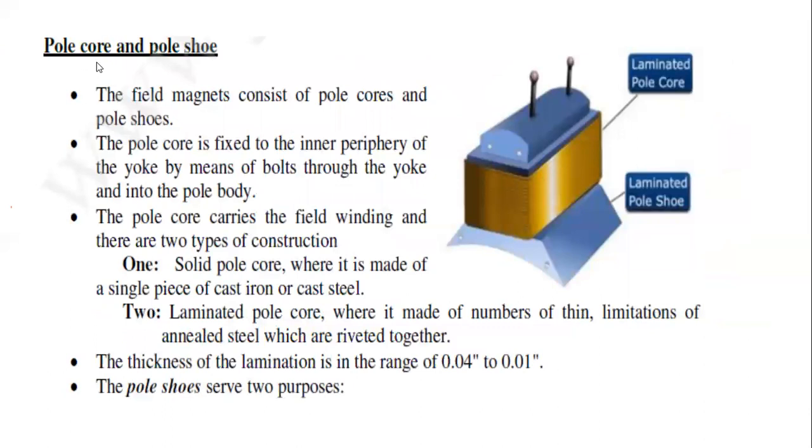Next, coming to the pole core and the pole shoe. This is the practical view of a field system. The field system consists of three parts.